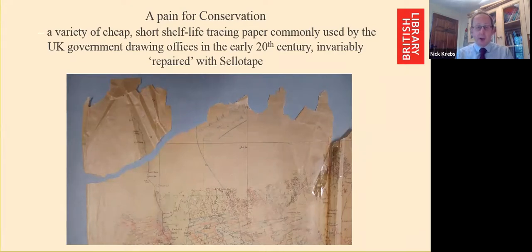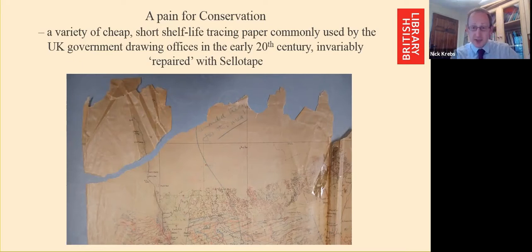We noticed this in the War Office maps, and again with British-produced maps. Around 1910, the British government took delivery of a large load of very poor quality tracing paper, and over the years it has gone so brittle it just flakes away. There's a large amount of material that looks like this, and it's an absolute nightmare to conserve.